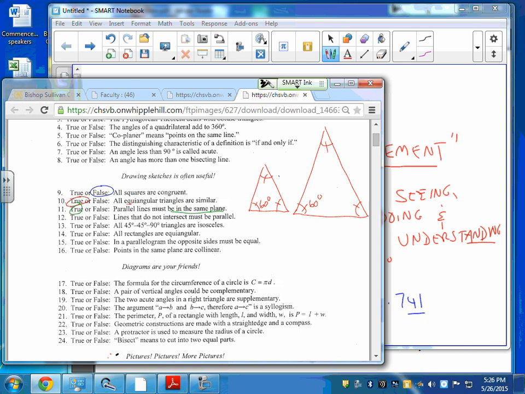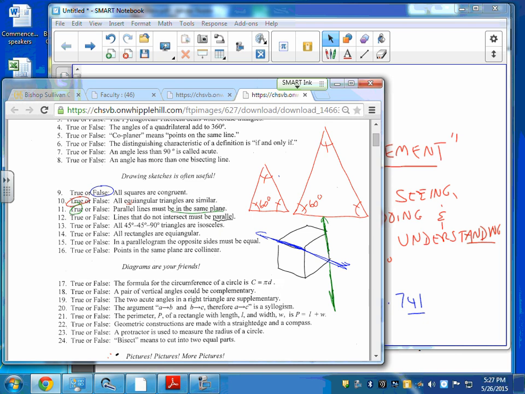Number 12, lines that do not intersect must be parallel. Okay, so this is sort of a tricky question, and here's why. Consider a cube, or our hexahedron as we called it, and I'm going to highlight a couple of lines. Here's a line, the top edge of the cube going like that, and then I'll highlight another line, this back edge over here. Now you sort of have to envision what's going on here. Think of a box. If you have the front edge of that cube and this back edge, those lines will not intersect.